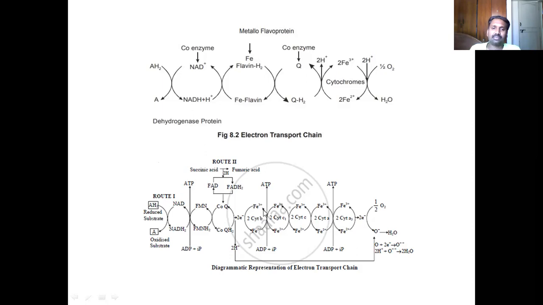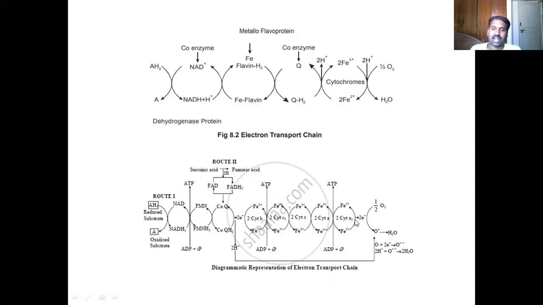So the electrons are carried through cytochromes, and see how many cytochromes are involved in the electron transport. 5 cytochromes are involved. And which are those 5 cytochromes? Cytochrome B, C1, C, A, A3.